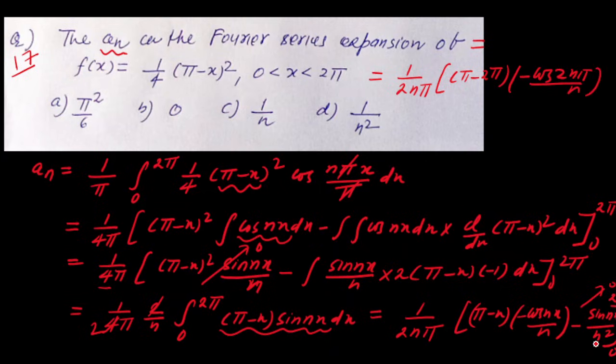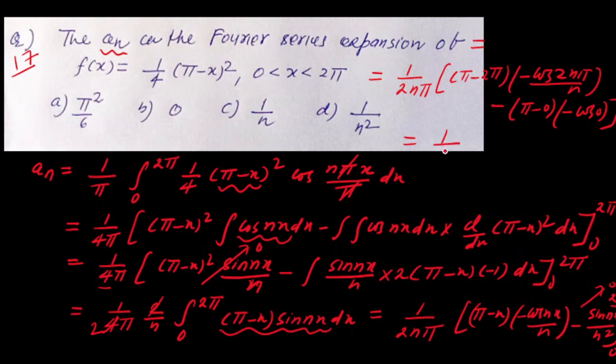I hope you got this. In place of x, I will put 2 pi, so I will get 2n pi by n. And then I have to put the lower limit, so minus. Lower limit is pi minus 0, and I will get minus cos 0, because if I put 0, it will be like minus cos 0. So what I will get?